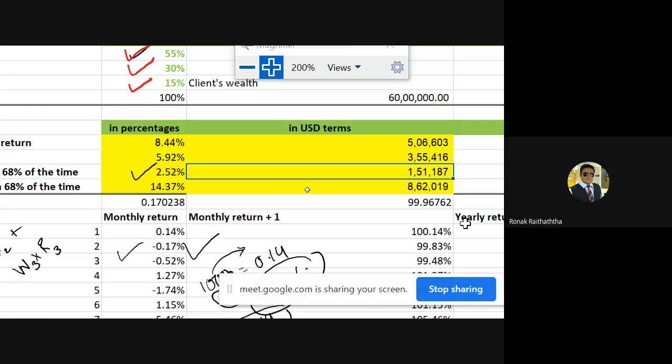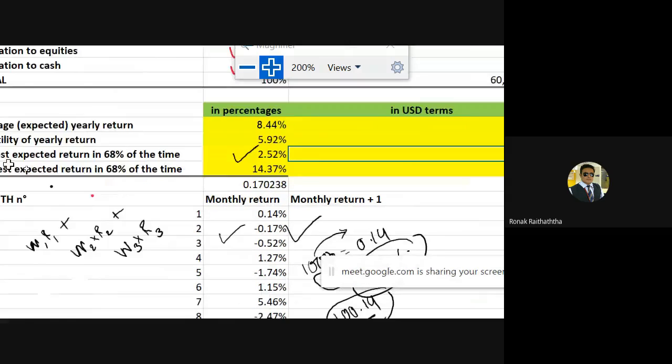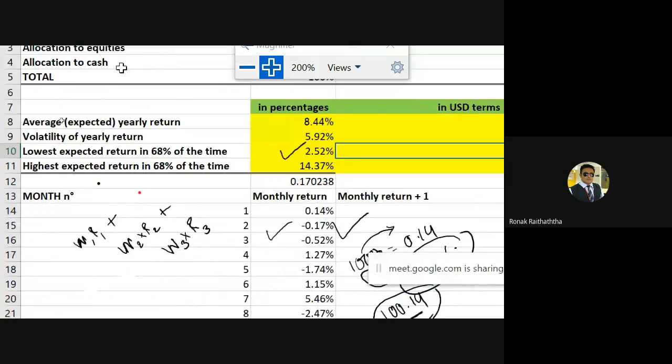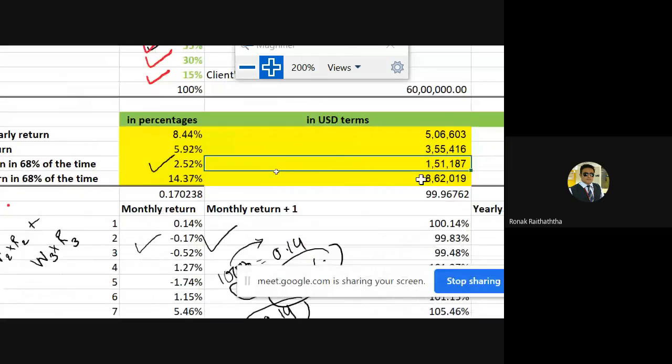It is not still going in the minus. At 68% of the time, it's positive only. And we may say to them that the maximum return in 68% of the time will be 862,016.